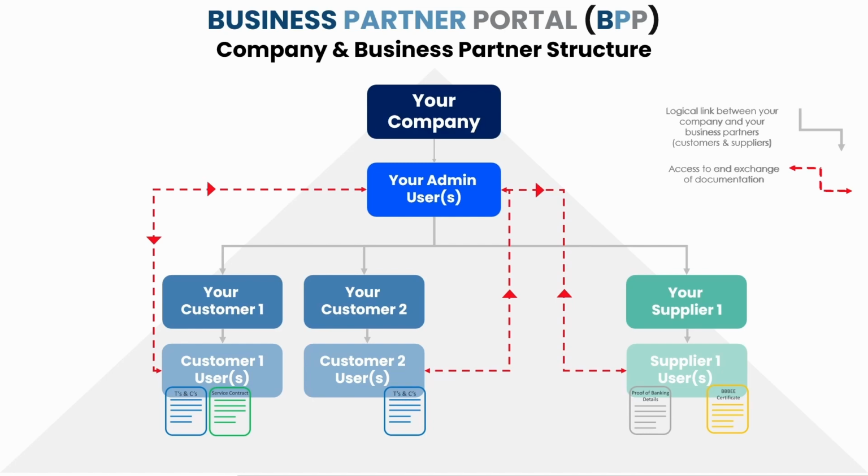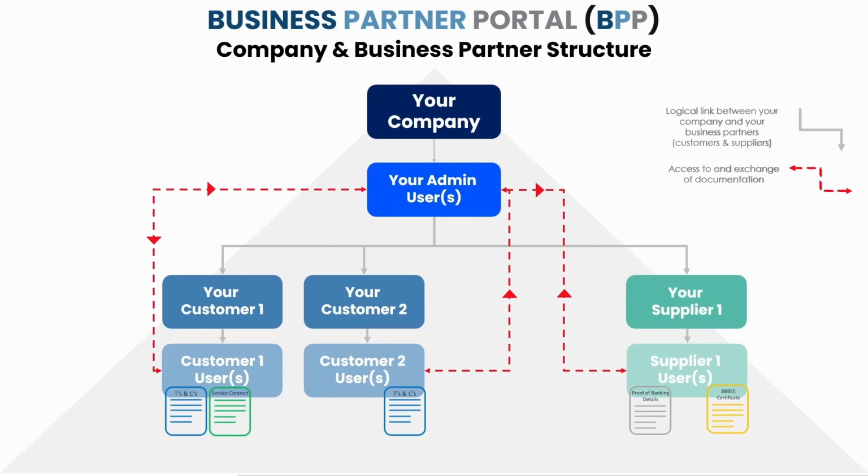The idea with the Business Partner Portal is that you don't have to send manual emails to hundreds of customers and suppliers to get the relevant and new documentation from them. You load the request on the Business Partner Portal, and that user will receive an email indicating that you require specific documents from them.